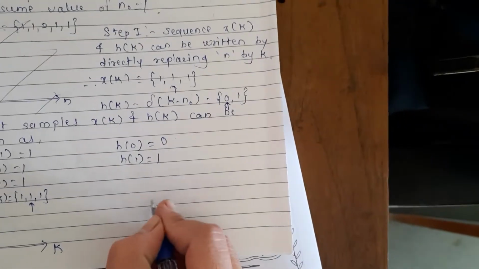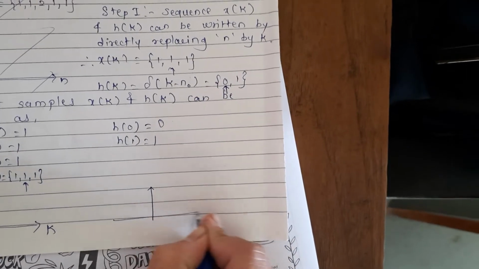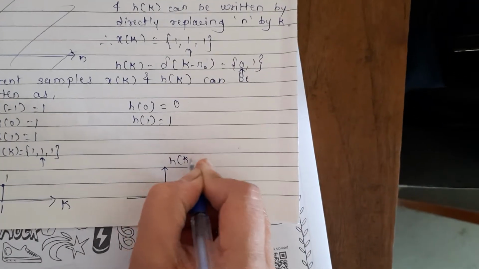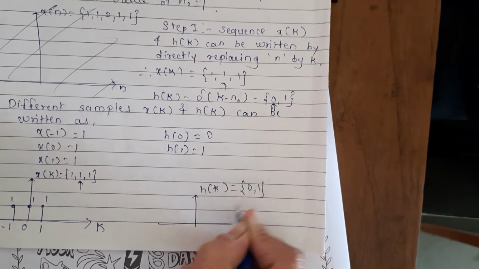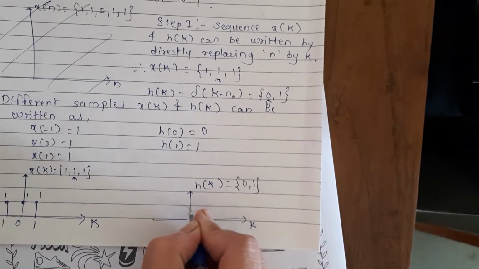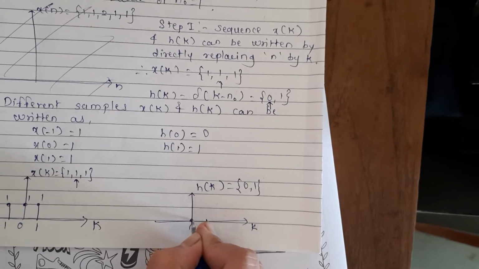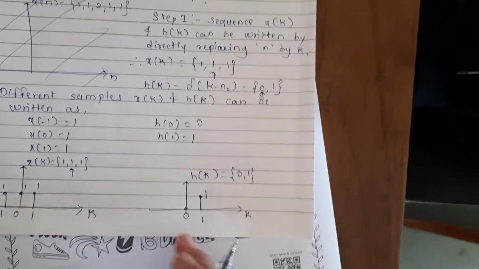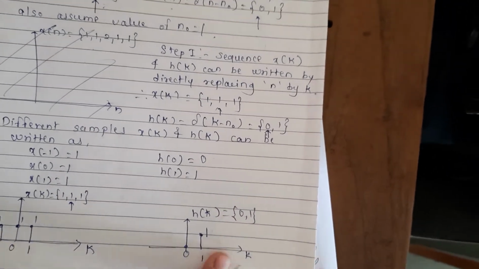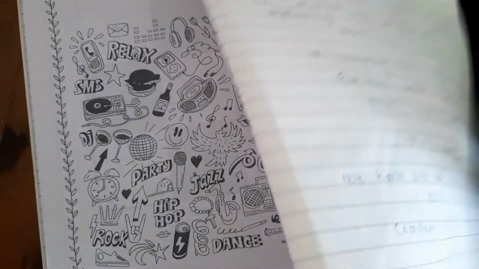Next we have to draw h of k. So this is h of k, this is k, it is 0 and 1. For 0 it is 0 and for 1 it is 1. So these are the sequences for x of k and h of k. The range of k is the same as x of k. k varies from minus 1 to 1.